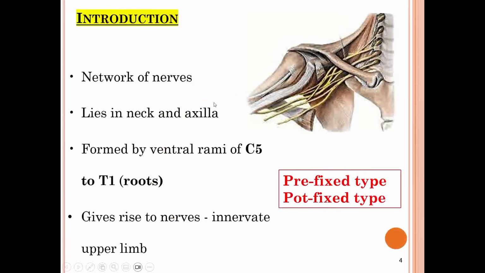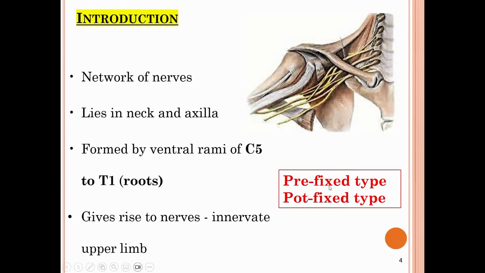Now, what is the brachial plexus? It is a network of nerves. It lies in the neck and also in the axilla, and it is formed by the ventral rami of C5 to T1 roots. So from here C5, C6, C7, C8 and T1, and of these spinal nerves it is the ventral rami which form the brachial plexus.